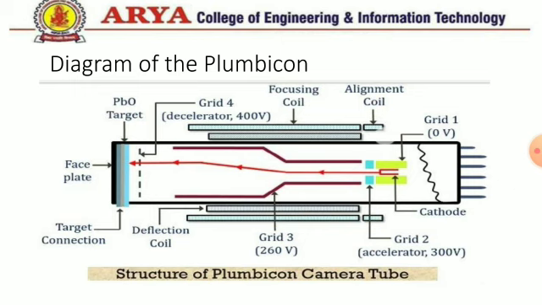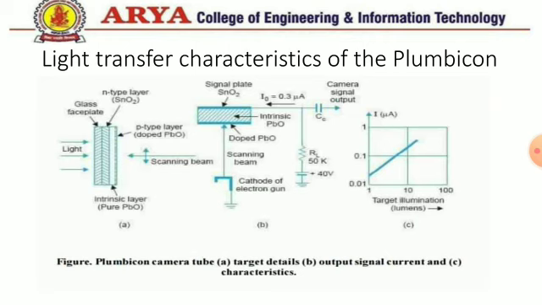First, the object light goes into the lens of the camera and appears over the glass plate, and then there is the first layer, that is the N type SnO2 layer. This is the tin dioxide N type layer, a highly doped N type layer.